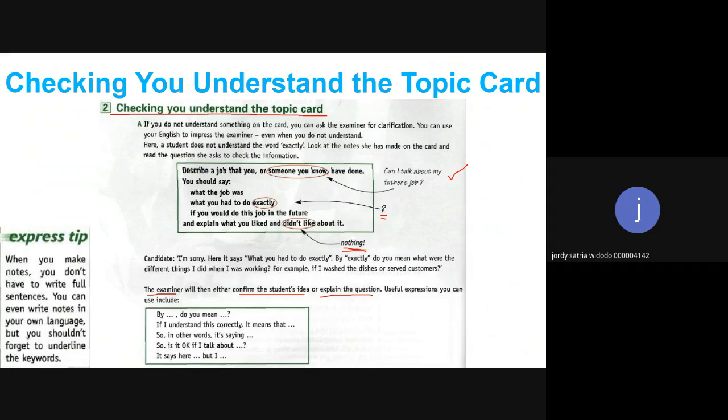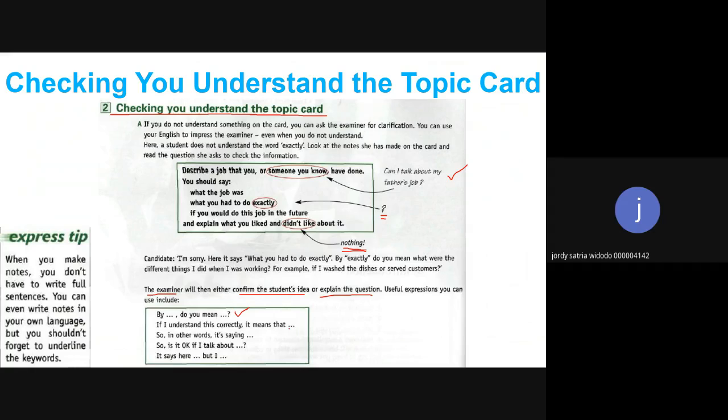And then there are some expressions that you can use. By blah blah blah, do you mean blah blah blah? This is for confirmation. By someone you know, do you mean that I can talk about my father's job? For example. You can also use these useful expressions: if I understand this correctly, it means that... Now you need to confirm to the examiner.